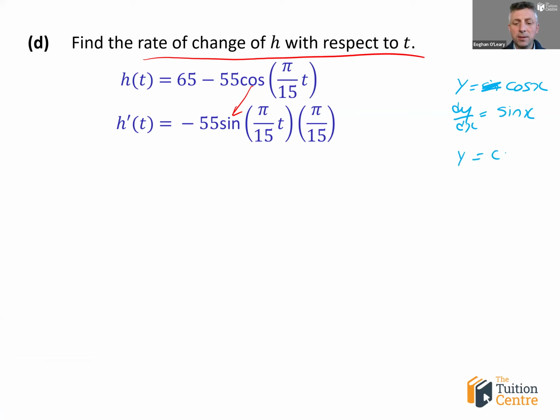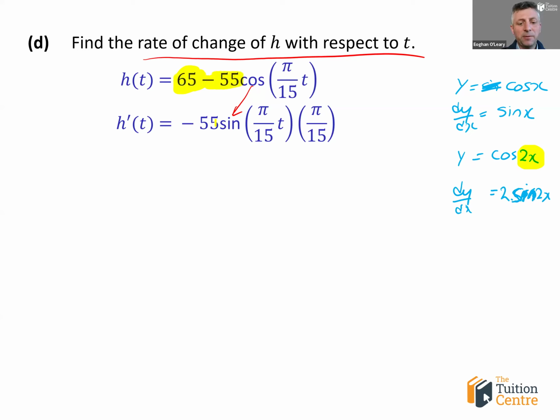If y was equal to the cos of 2x, dy dx would be minus sine 2x, but I'd have to multiply it by the derivative of the angle. And the derivative of the angle, well, 2x will differentiate to be 2. So you'd have 2 times the sine of 2x. In our case, the constant here will disappear.